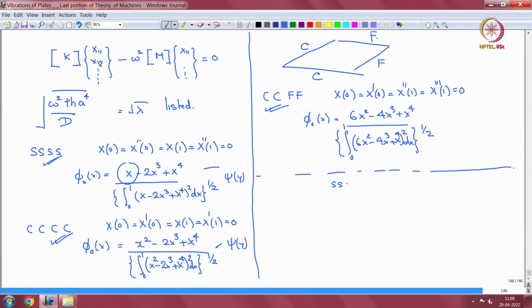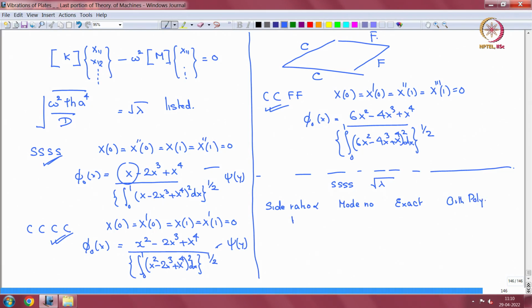If you have a plate that is simply supported on all four sides, then we list the root lambda parameter and the side ratio alpha, then the mode number, and some value that we compare with the exact, then this method of orthogonal polynomials.